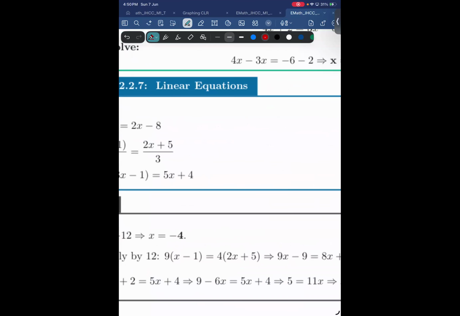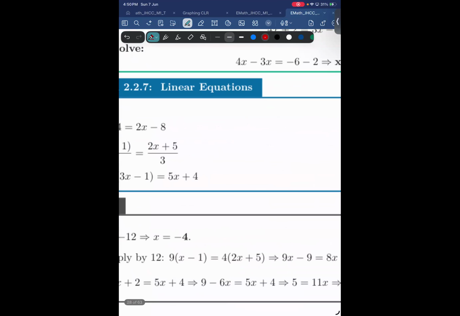Very simple. For part A, you can move the 2x over, so 3x equals minus 12, and the 4 you move to the right side. For part B, you can cross multiply and simplify it. 9 times x minus 1 equals 4 times 2x plus 5. Then you move the x to one side, you move the number to the right side. The x is 29.